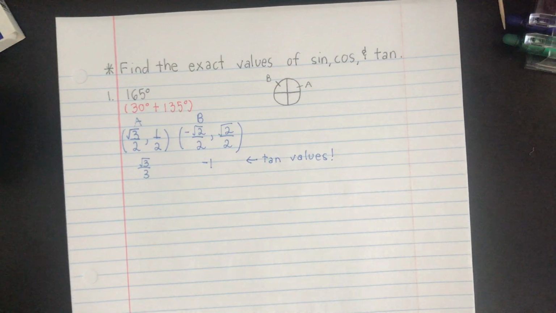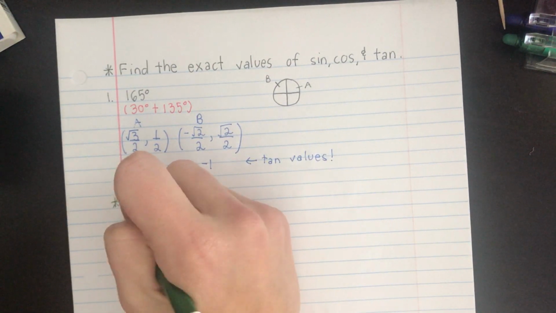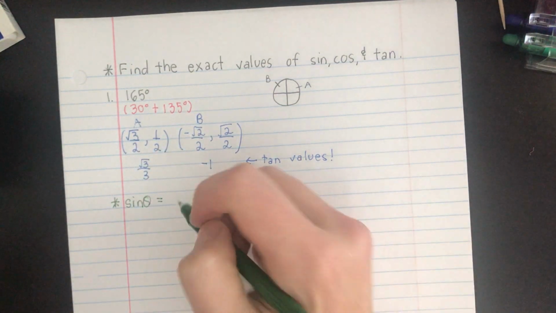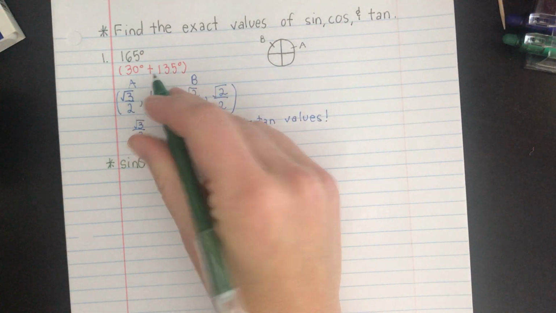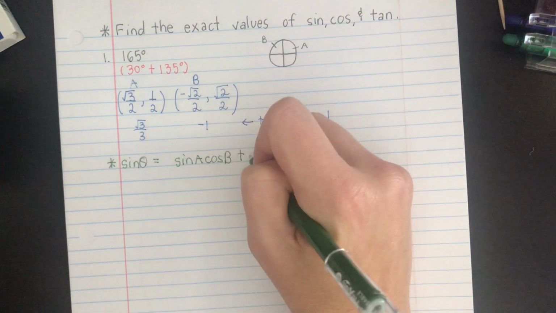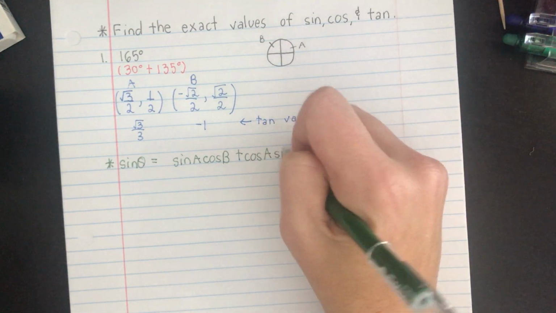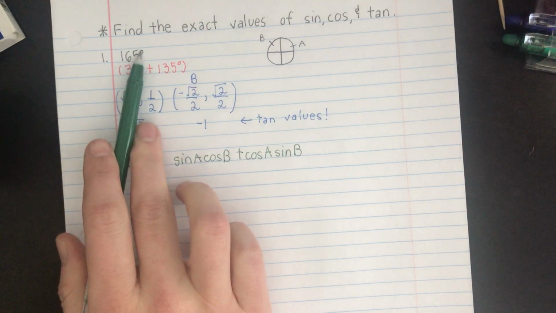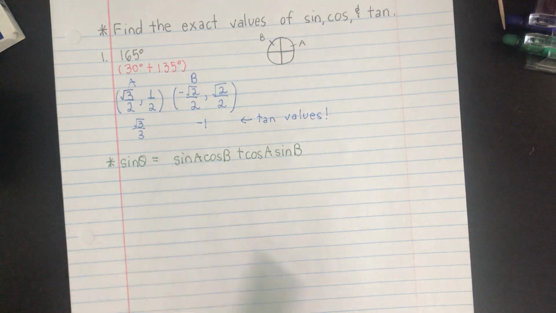Okay, so let's start with sine. Sine of theta is equal to, this is our formula, we're using sum, sine of A cosine B plus cosine A sine B. So sine of 165 degrees is going to equal this. This is coming from our formula card, okay?